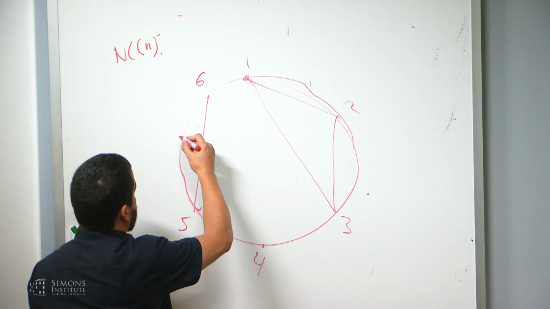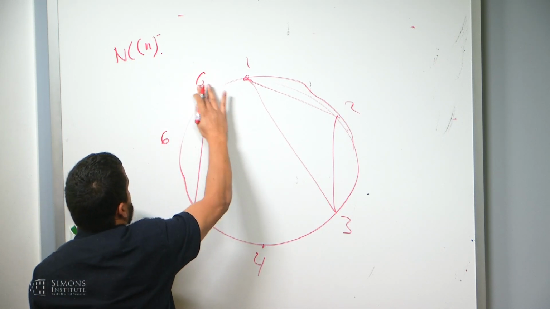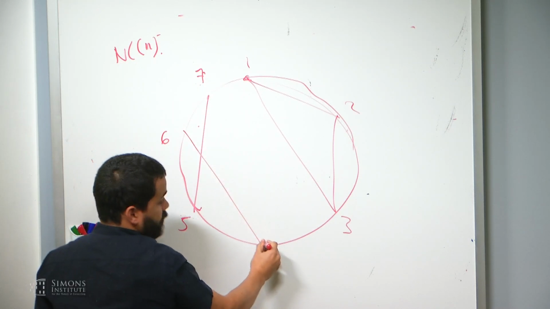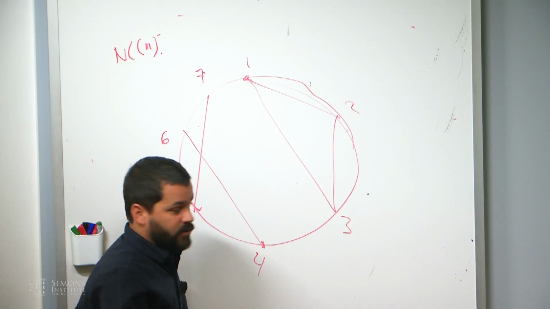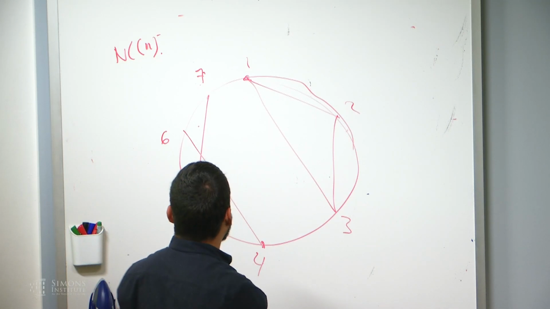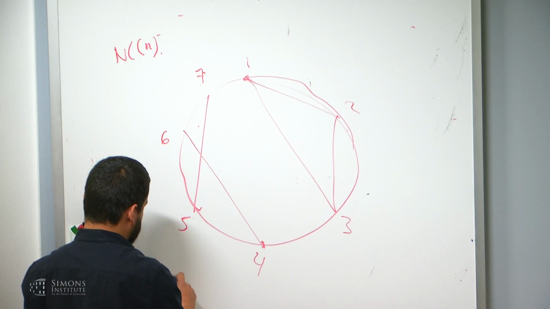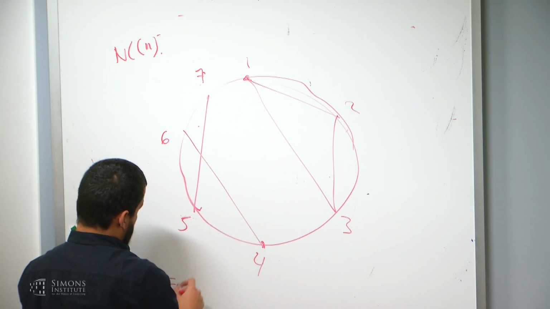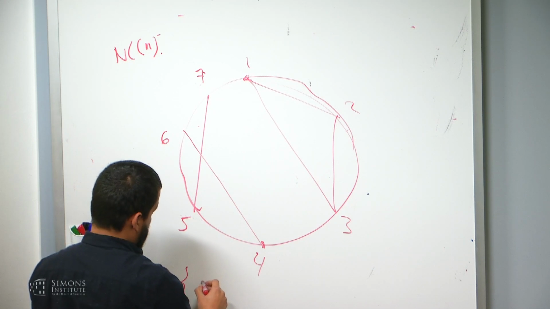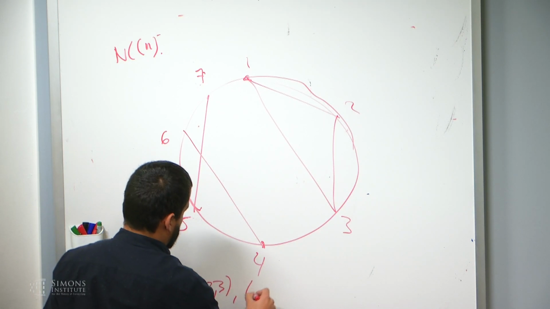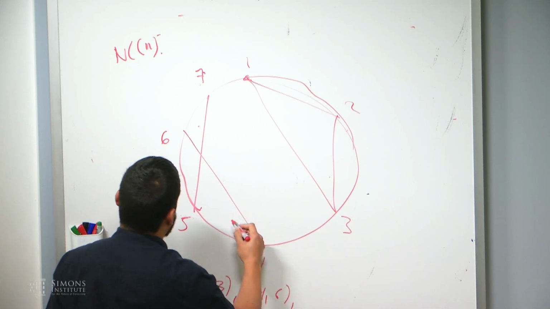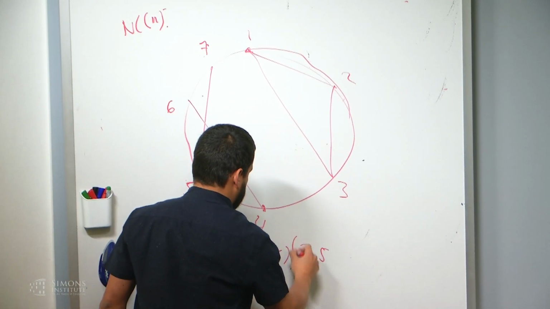Okay, so a crossing partition would be, say, this. This is what we don't want. Okay, and then if I have a partition sigma, here it's the partition 1, 2, 3, 4, 6, and 7, 5.